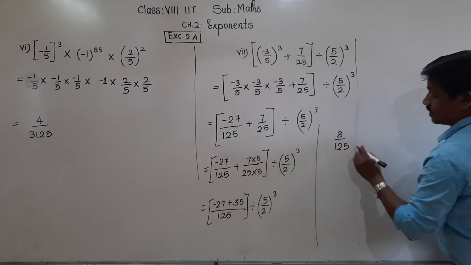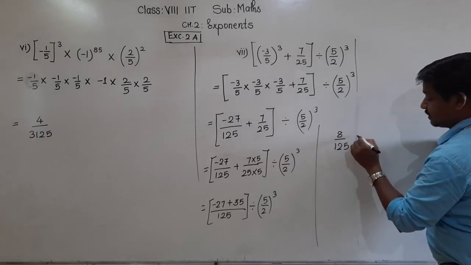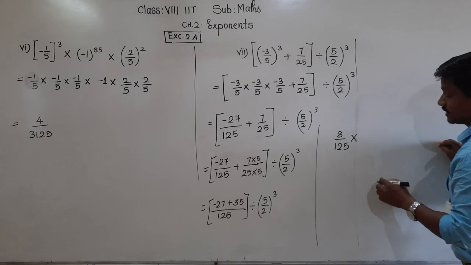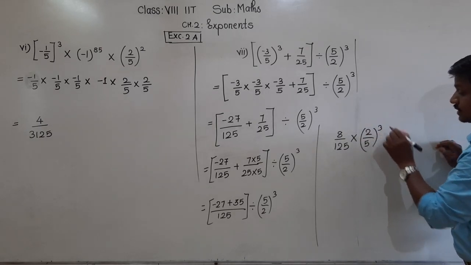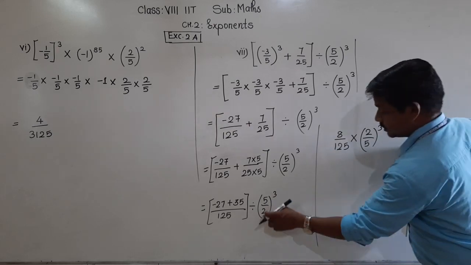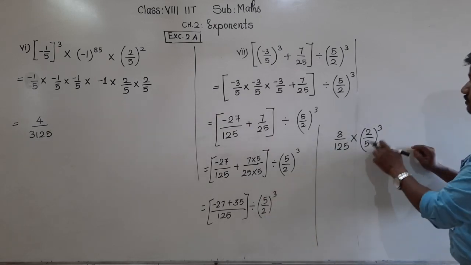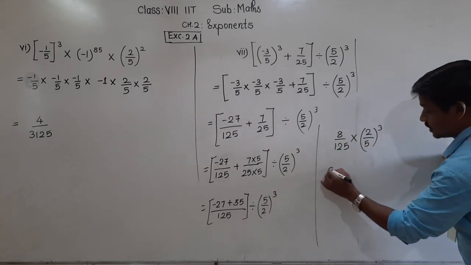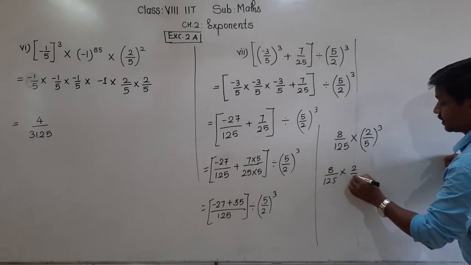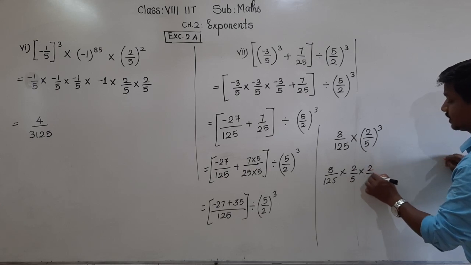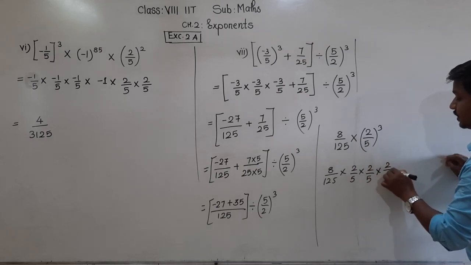Okay. Now this divide by, division means multiplication by the reciprocal. So it will be 2 by 5 raised to the power 3. Reciprocal of 5 by 2 raised to the power 3 is 2 by 5 raised to the power 3. So 8 upon 125 into 2 by 5 into 2 by 5 into 2 by 5.